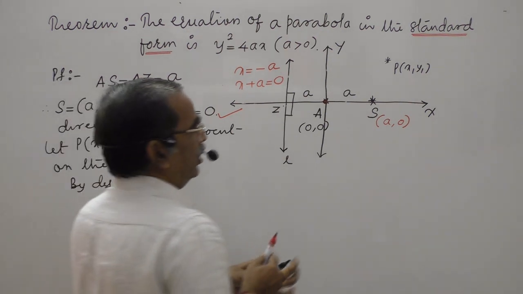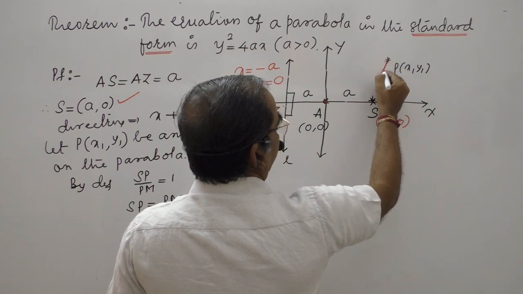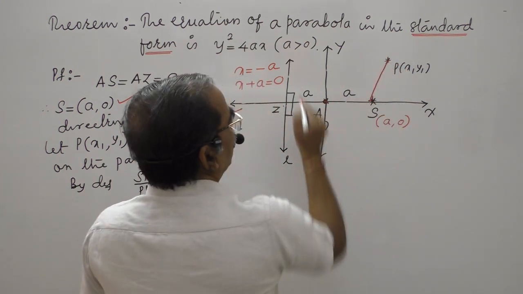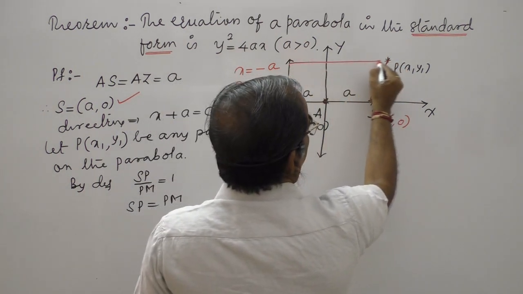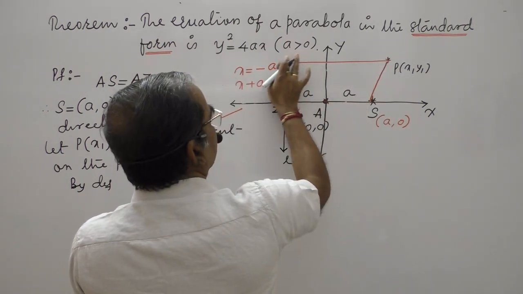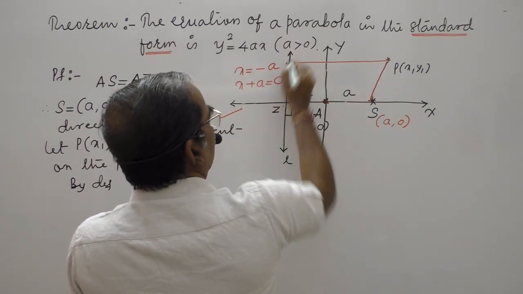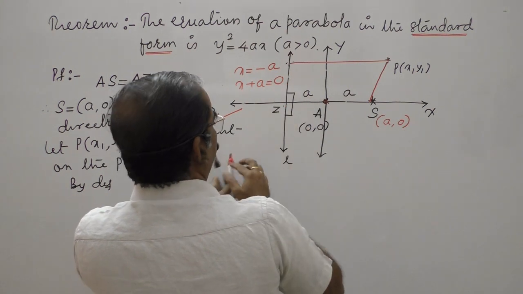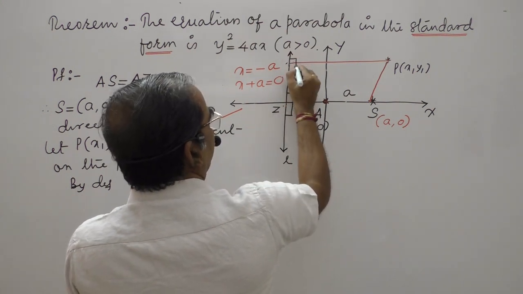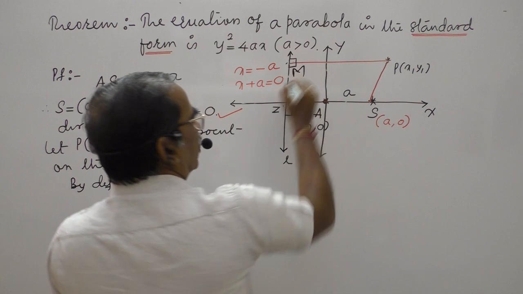What is SP? SP is the distance between S and P. What is PM? PM is the perpendicular distance from capital P to the directrix. This perpendicular distance is PM.